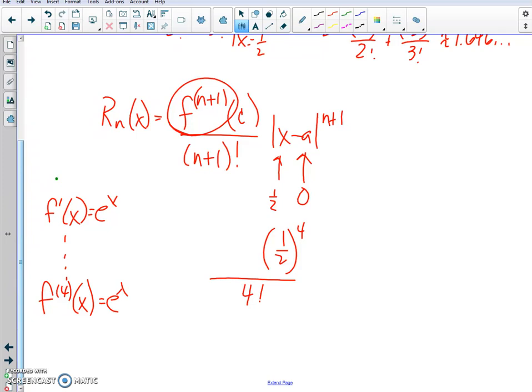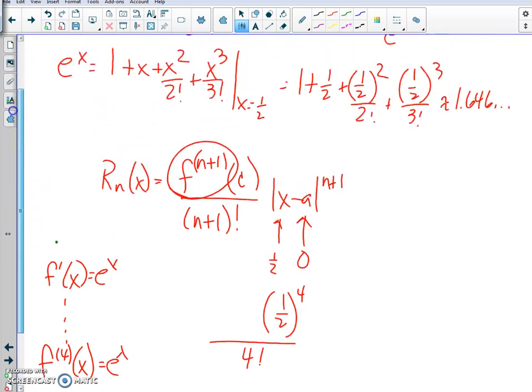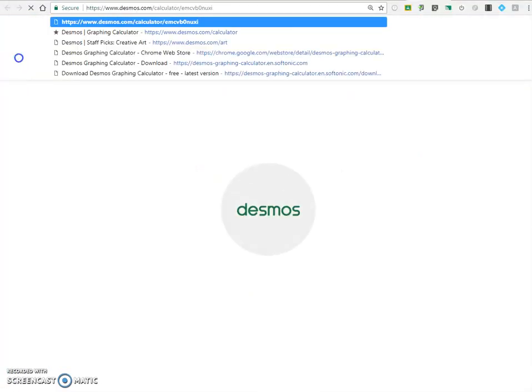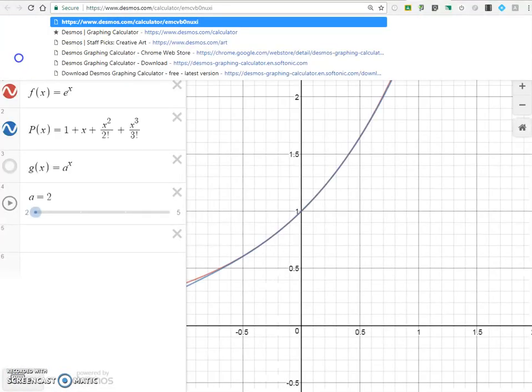So we want to take a look at this graphically and see if we can get an idea to put some bounds on that error. Remember, it's somewhere between 0, the center, and x, which x is 1/2, which is where that maximum occurs.